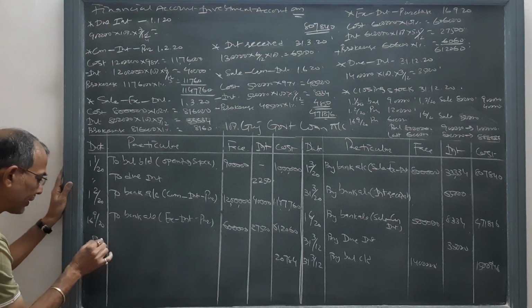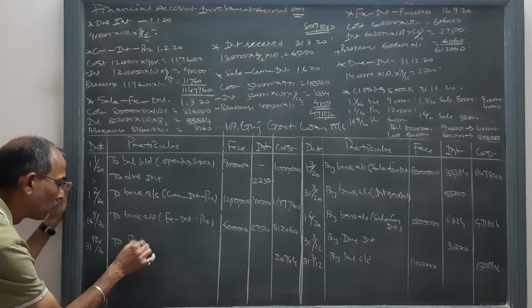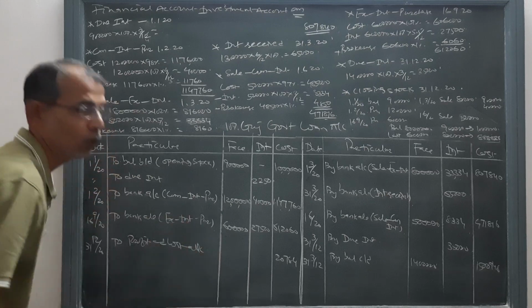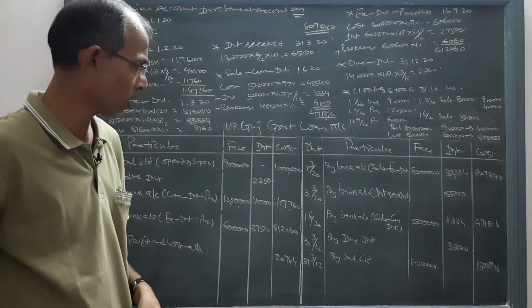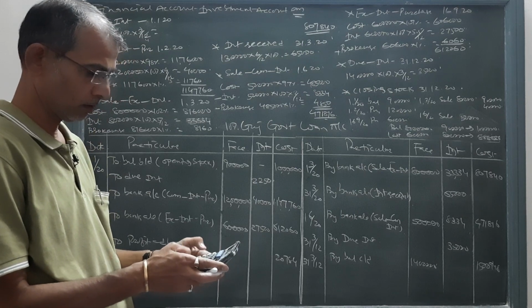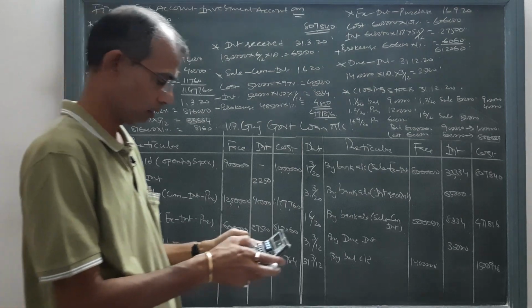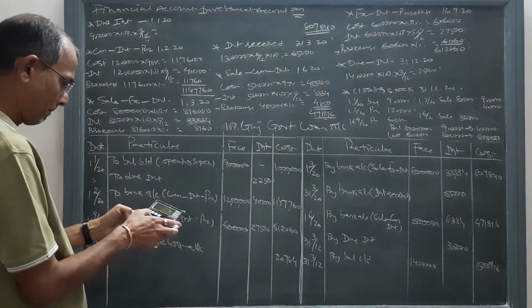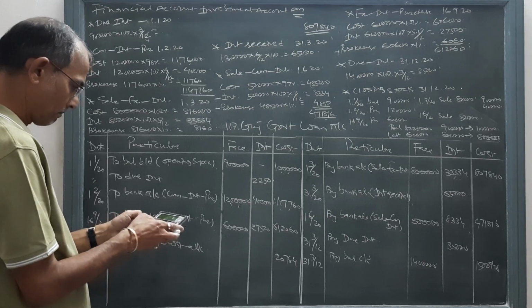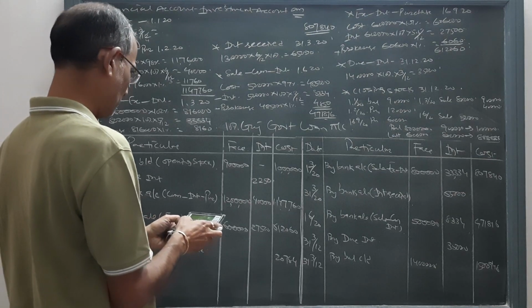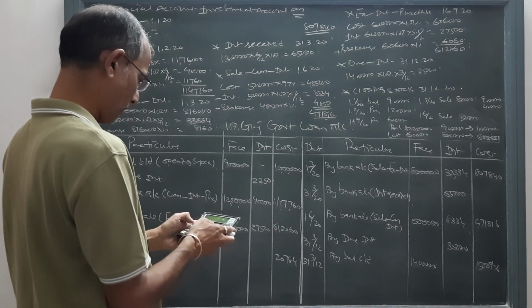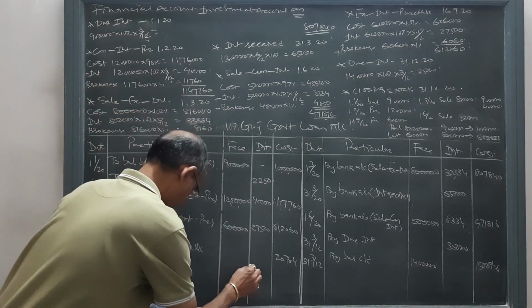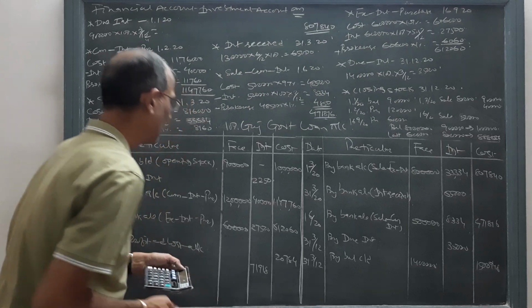On 31st December, transfer to profit and loss account. Then after, the amount of interest will be 71,918.